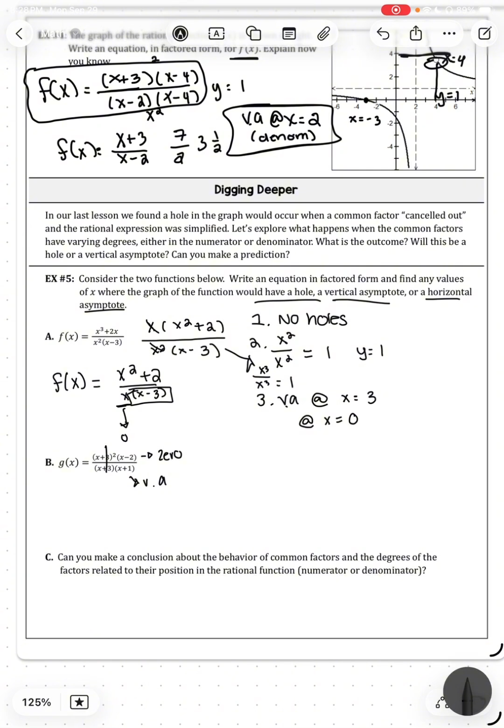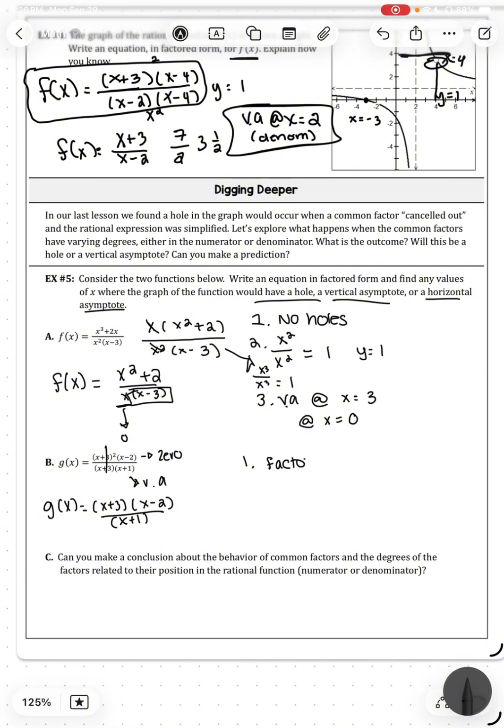And then since that cancels out, our factored form becomes x plus 3, x minus 2 over x plus 1. And then our factors are larger in the numerator, which we stated in the beginning.